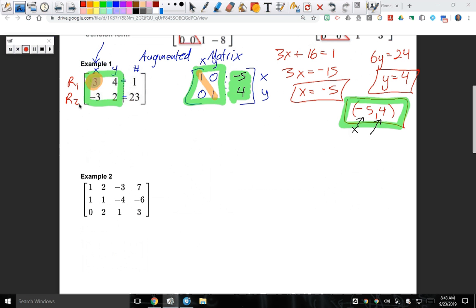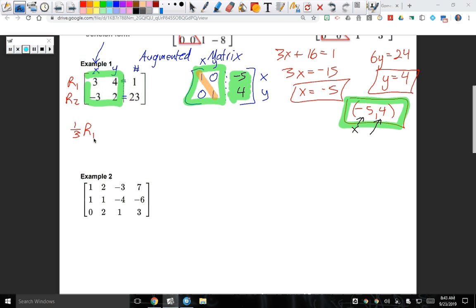I'm about to make this 3 into a 1, because I need to, and I'm going to do that by saying 1/3 times row 1. Okay, you with me? So when I do 1/3 times row 1, what is all this matrix going to become?